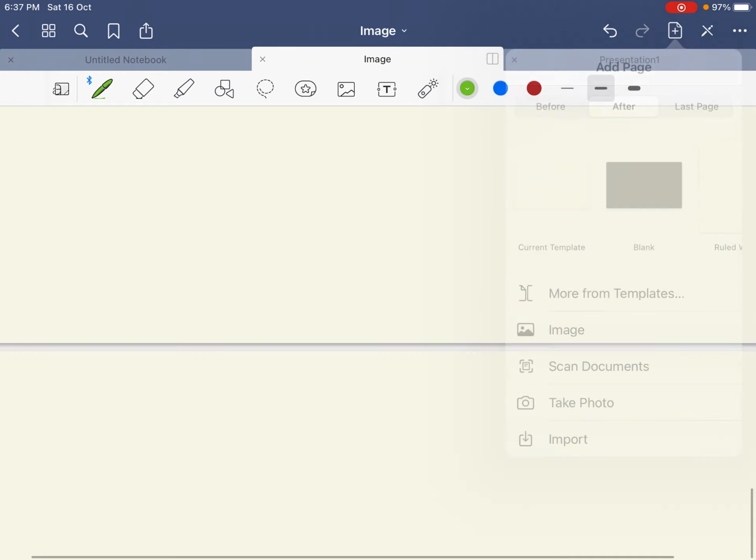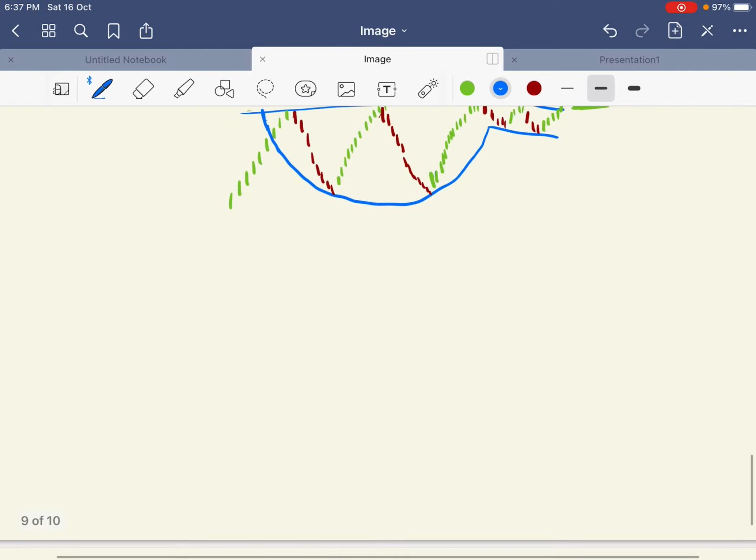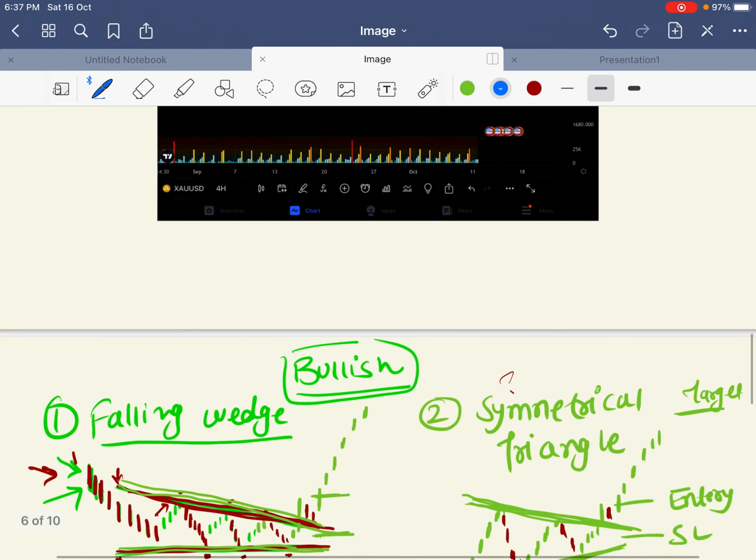So let me just move to another pattern, which is our sixth pattern in bullish patterns. This is an ascending triangle. So how does it look? It is basically the inverse of the falling wedge that I drew at number 1.